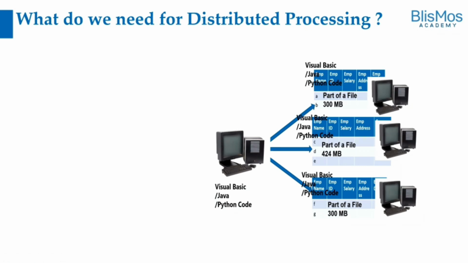Considering that situation, if I have to add the salary of all the employees and get a final number, how do I do that? Because the data is not in one place now. So what do we need for distributed processing? Any idea? You would need a programming model.